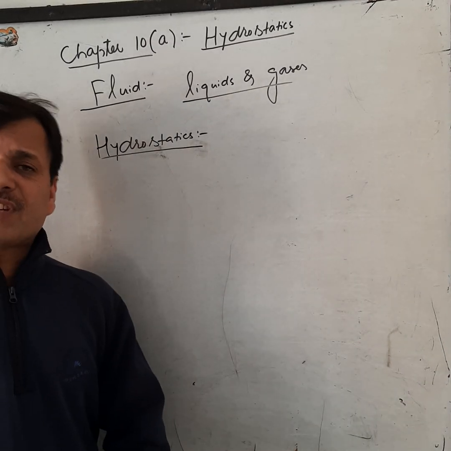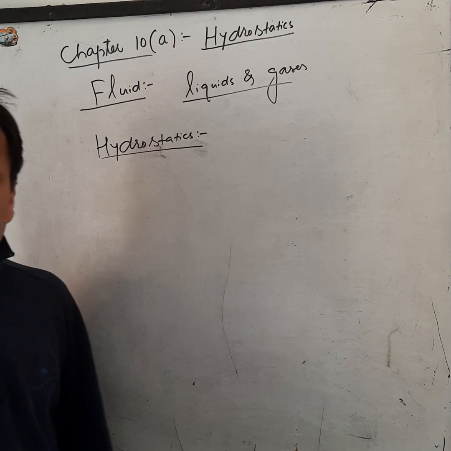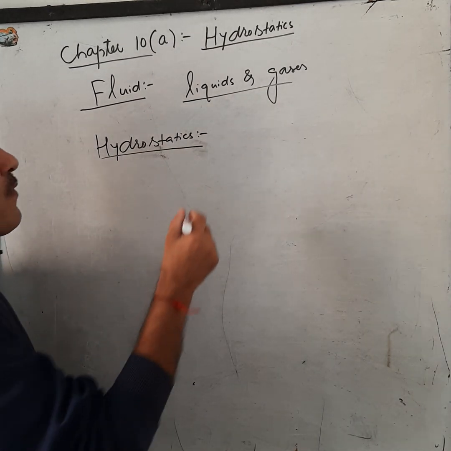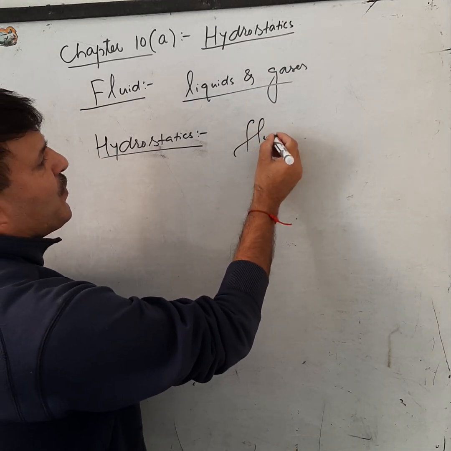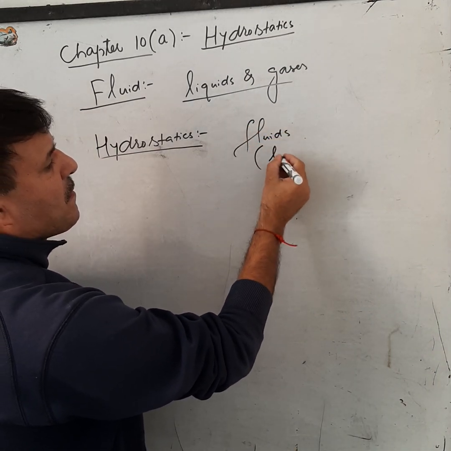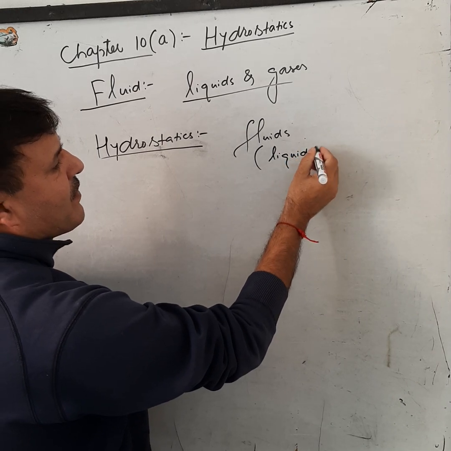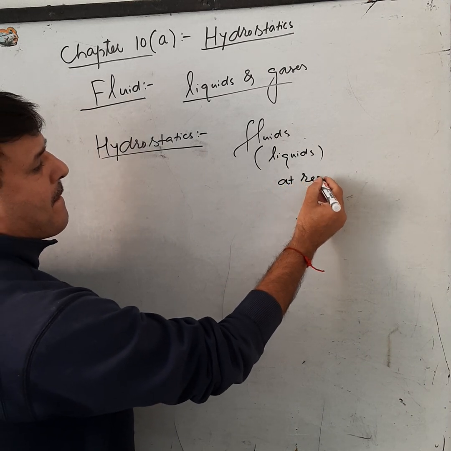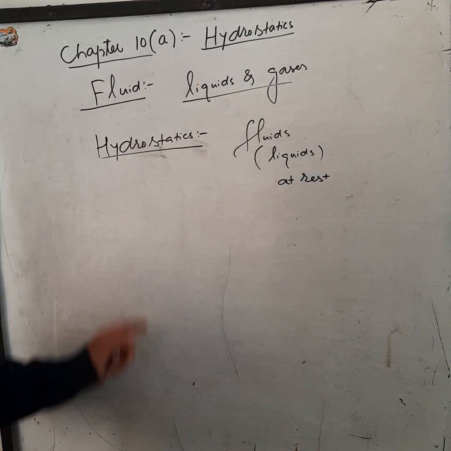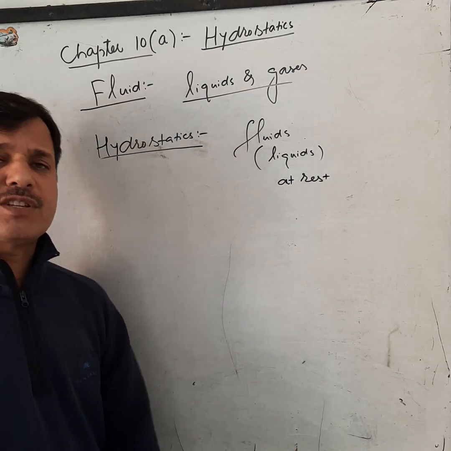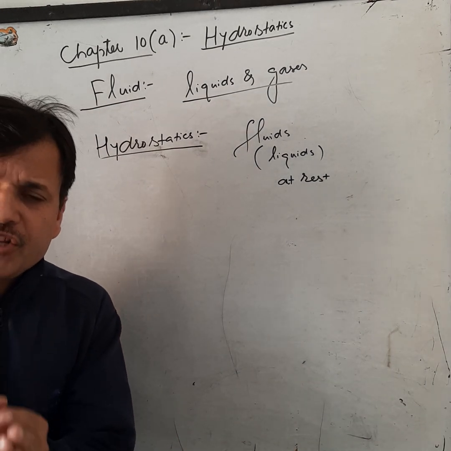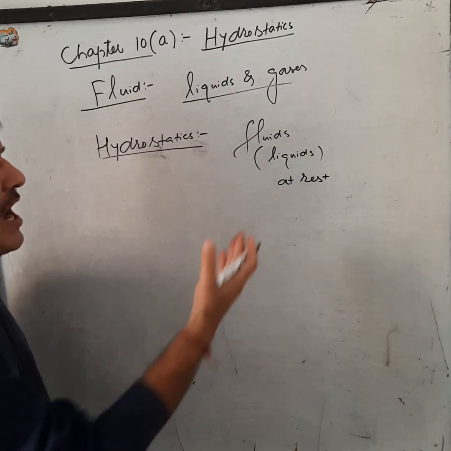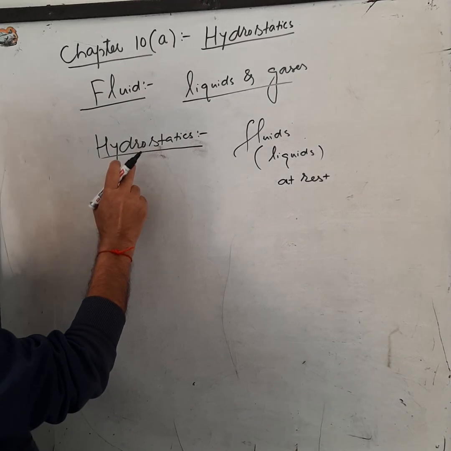Now hydrostatics: the branch of physics which deals with the study of fluids, basically liquids, at rest is called hydrostatics. What is hydrostatics? It is the branch of physics which deals with the study of fluids, that is liquids at rest.